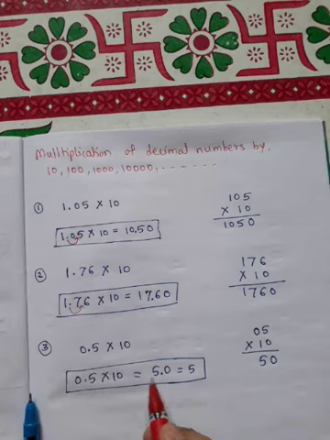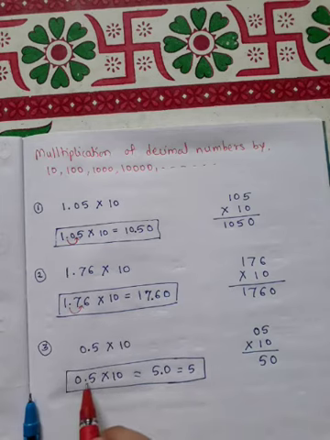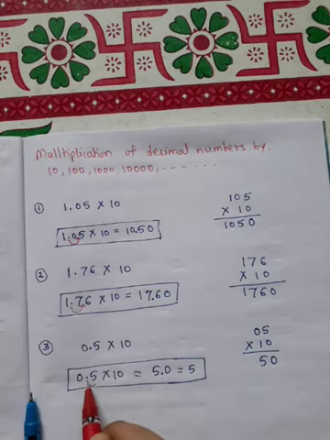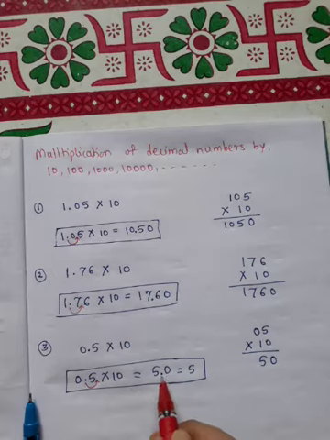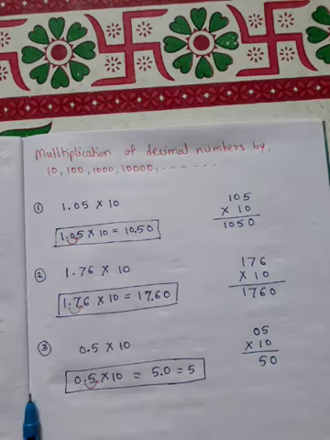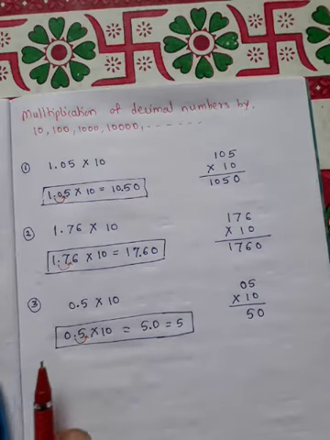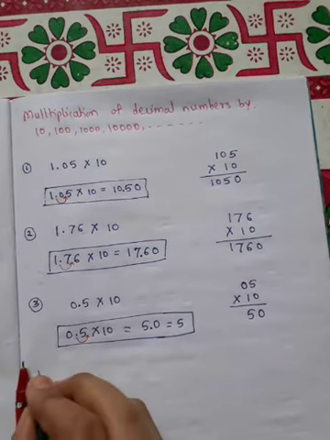The digits in the product are the same as in the decimal number. Just this decimal point is shifted to the right by 1 unit. So we get the point in the obtained product after 5. Okay. So without doing any calculation, we can directly multiply any decimal number by 10.